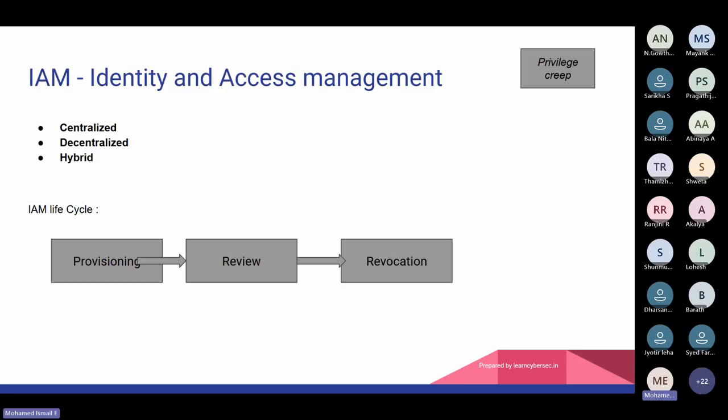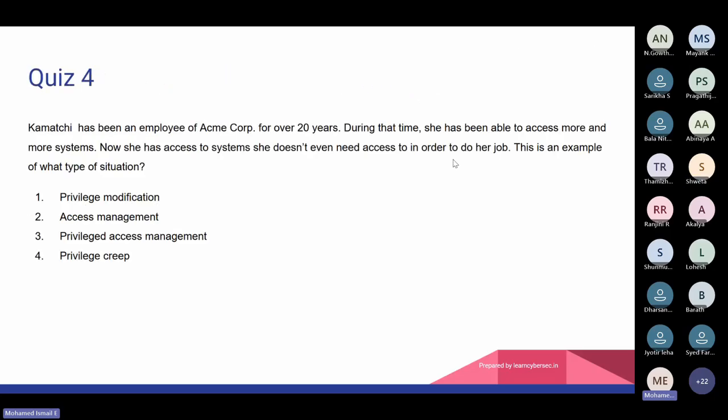So we have a question for that as well. We'll see. In this example, Kamachi has been an employee of Acme Corporation for 20 years. During that time, she has been able to access more and more systems. Now she has access to systems that she doesn't even need in order to do her job.